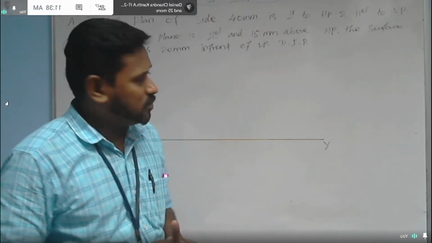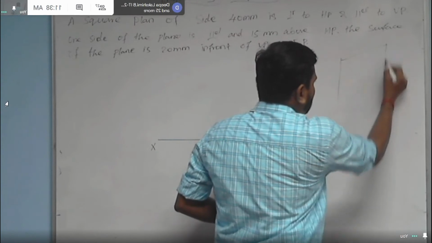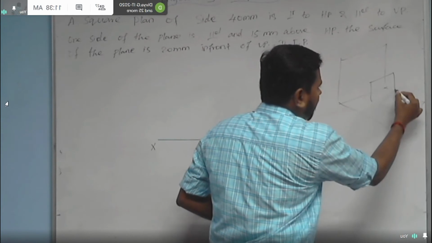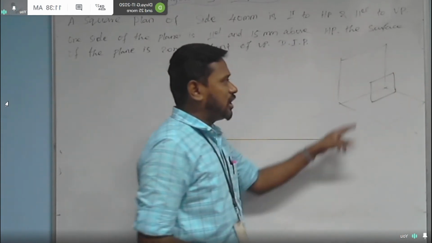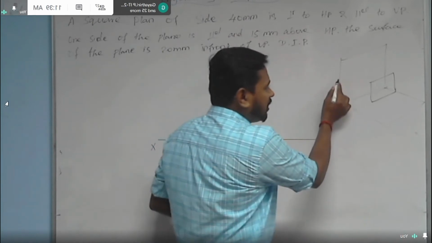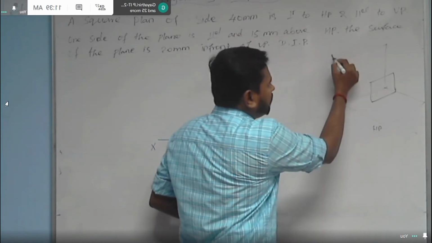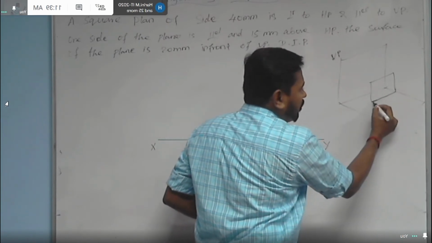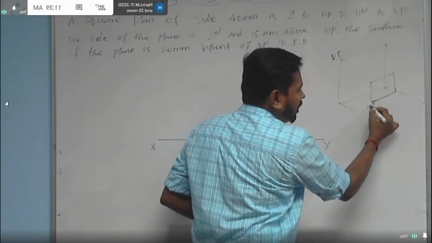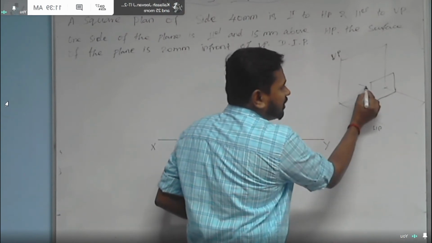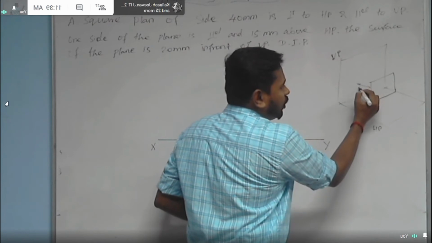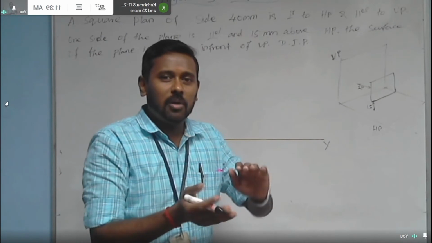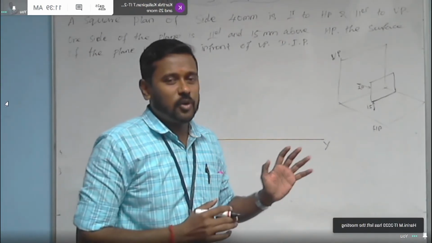In this problem statement, we have already discussed the actual environment of the object. Our square plane is standing in front of VP and above HP. One side of the square plane is parallel to HP and 15 mm above HP, and the entire plane is 20 mm in front of VP. So the plane floats in the first quadrant.